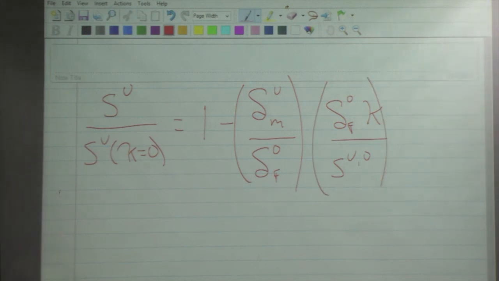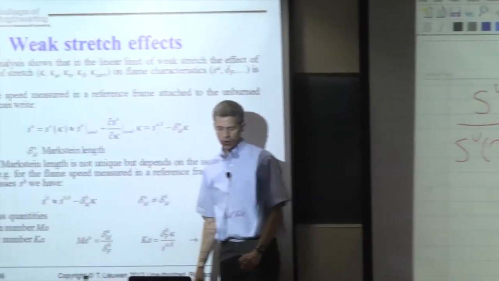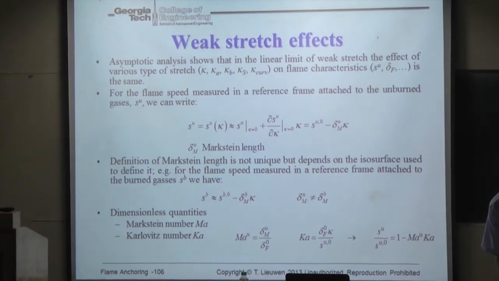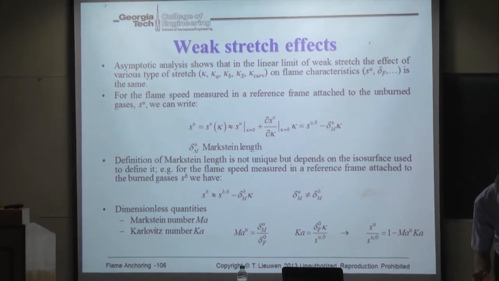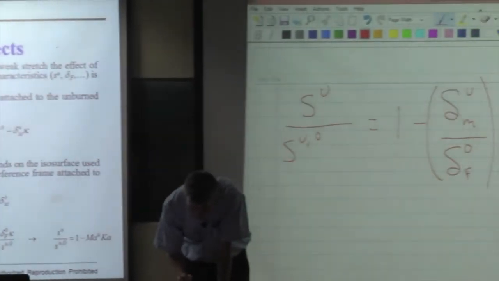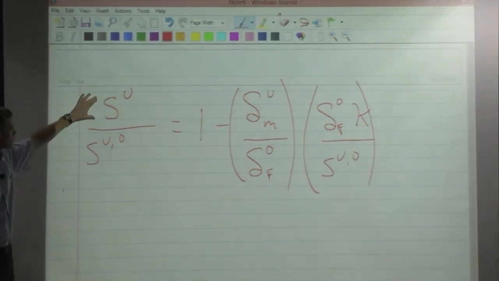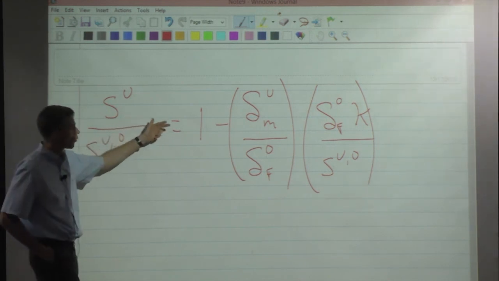So if I take this expression and divide the whole thing by SU naught to make it non-dimensional, then what we have is that the stretched flame speed normalized by its unstretched value is going to equal 1 minus.